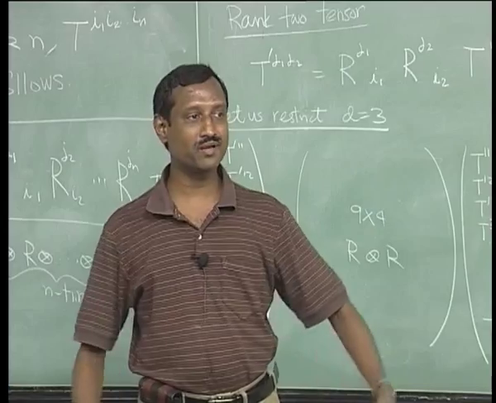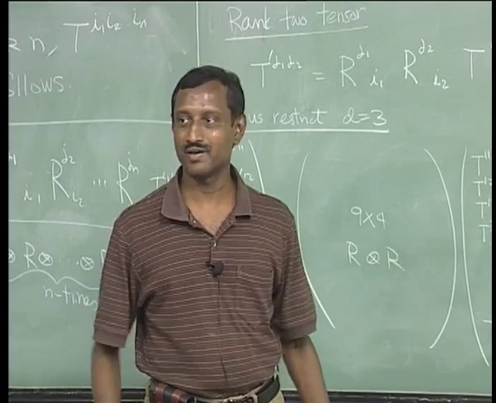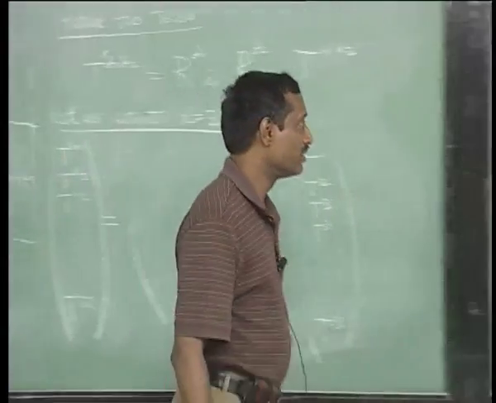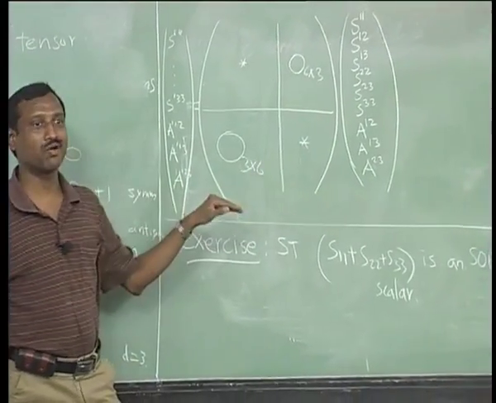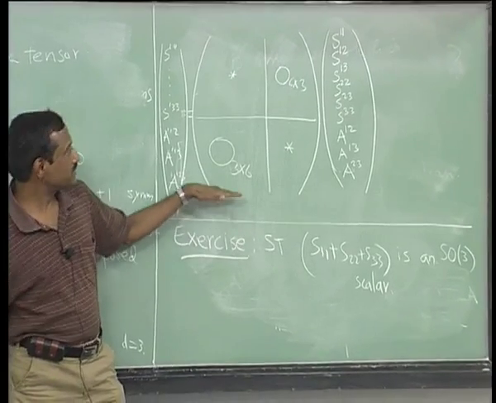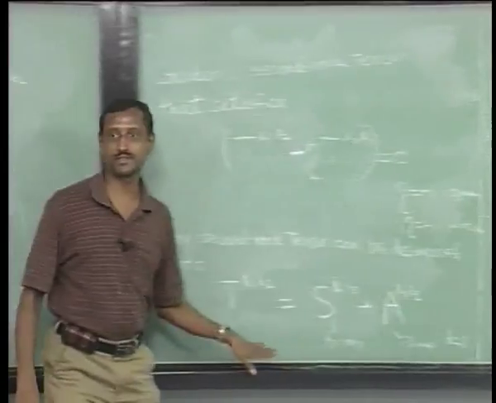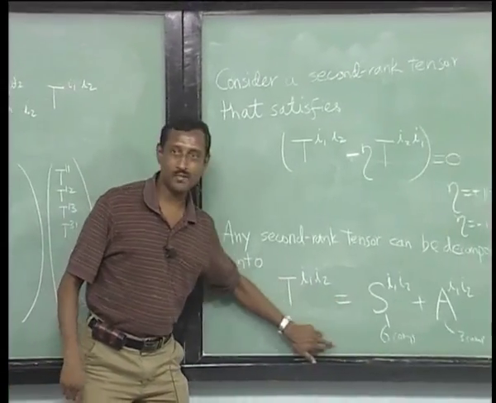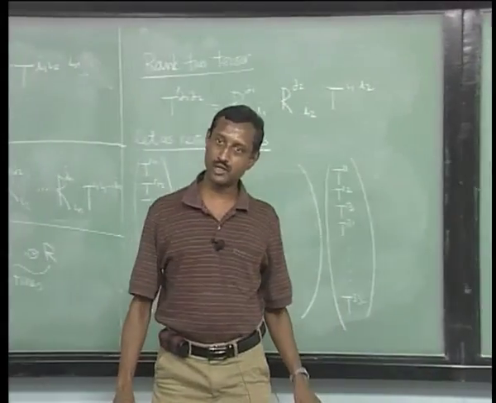For a given rotation matrix you can always go to some basis where it is diagonal or whatever, and then it will be very simple, but we mean for all rotations it has to be in this block diagonal form, and the answer is that this is it for this example. This breaks up into the trace part, and this is true for all SOD, not just d equal to 3.